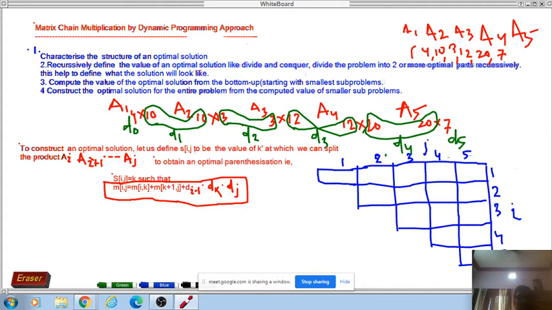And remember the k value I have taken: k will be i, then i plus 1, up to j minus 1. You should remember the k value should be like this. Are you understanding? It will go up to the last.